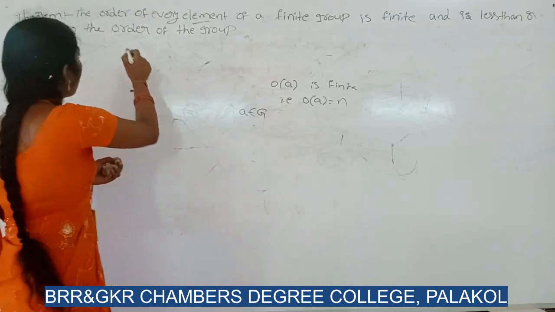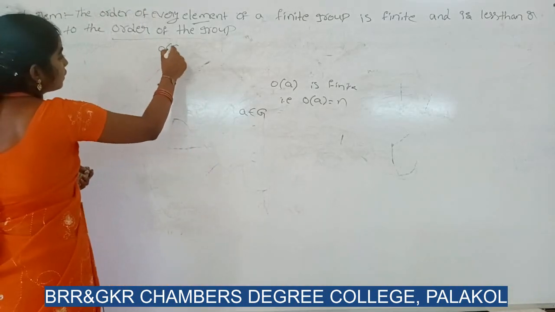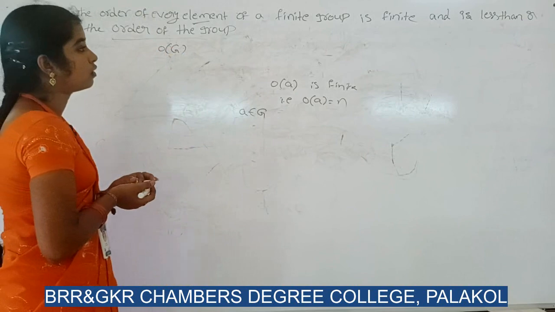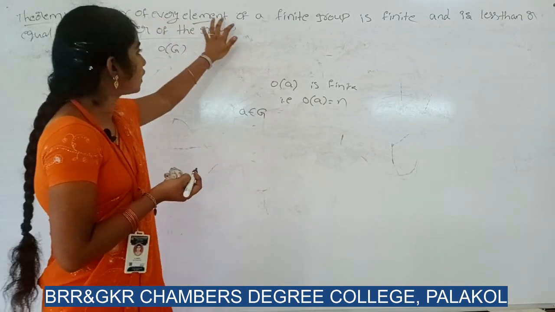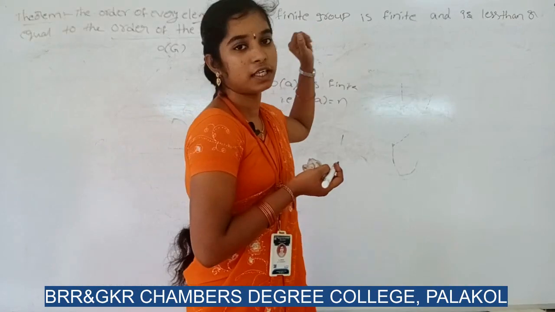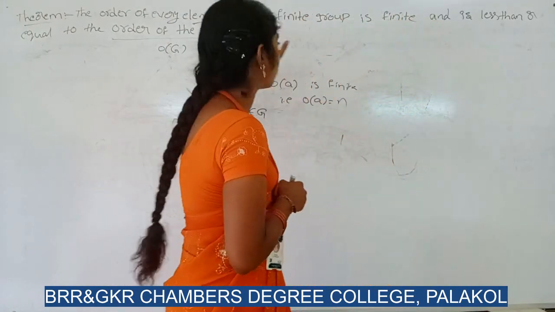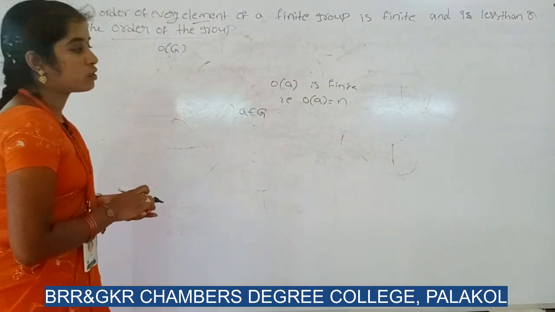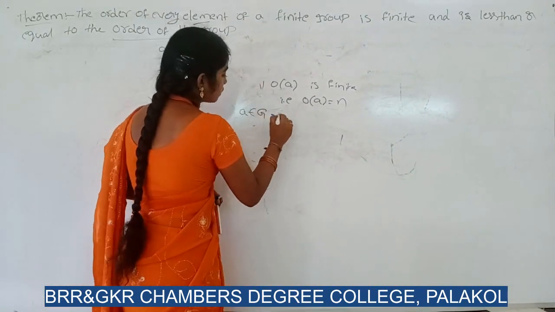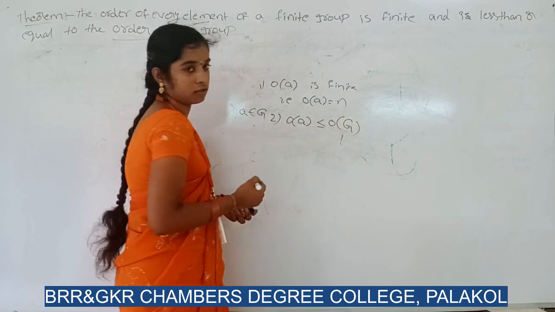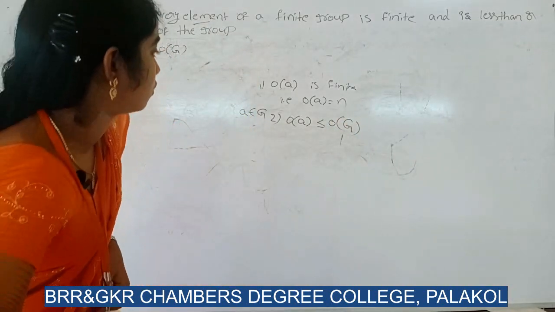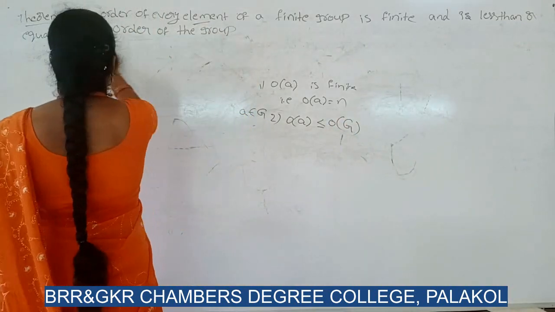Next, order of the group means order of G. Also we have to prove that order of a is less than or equal to order of G. So let us start the proof.